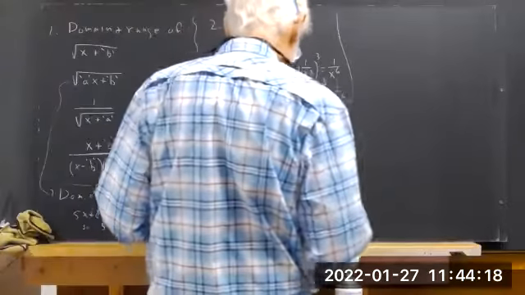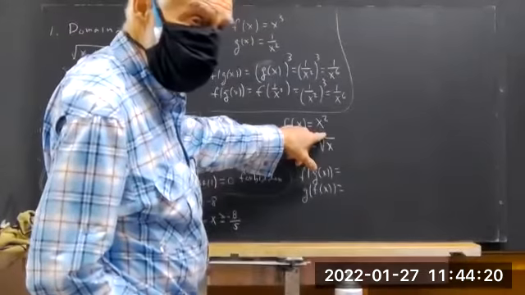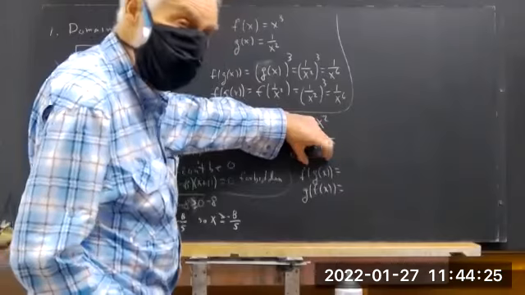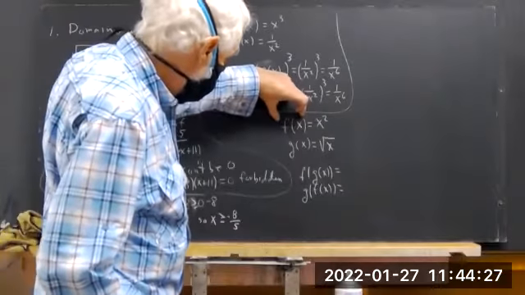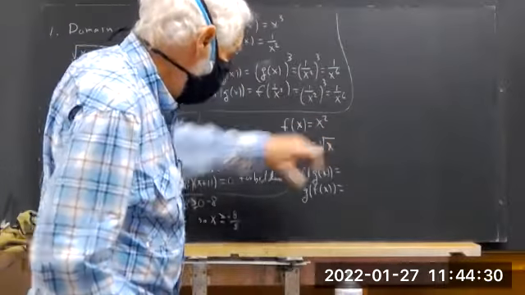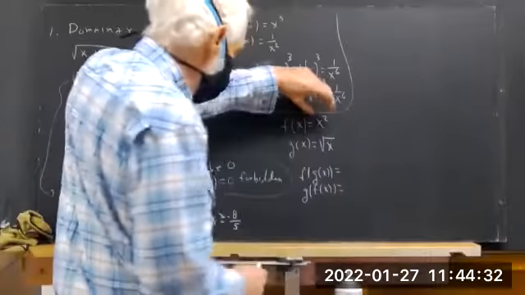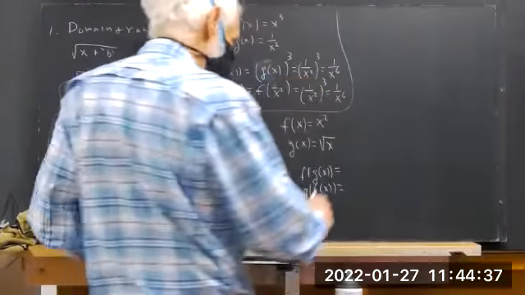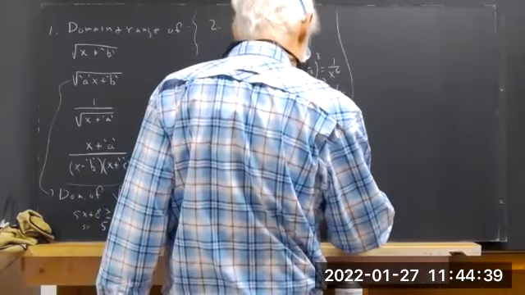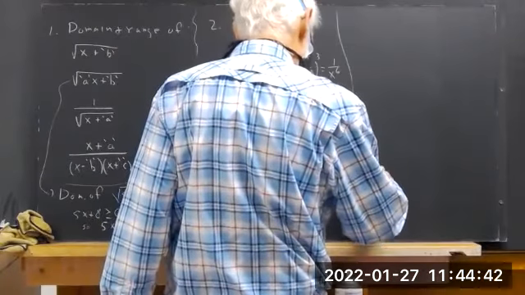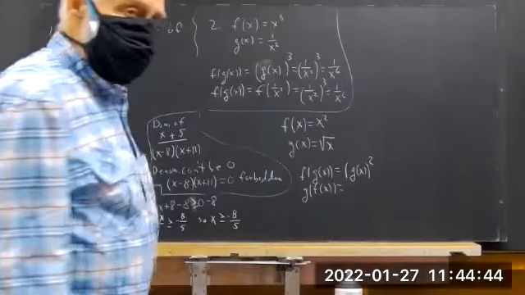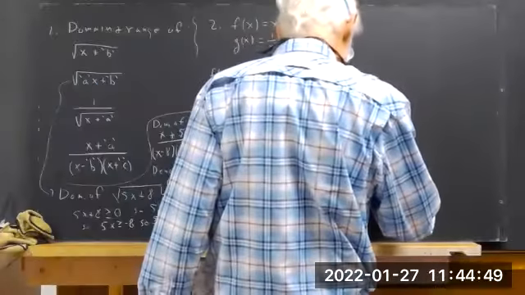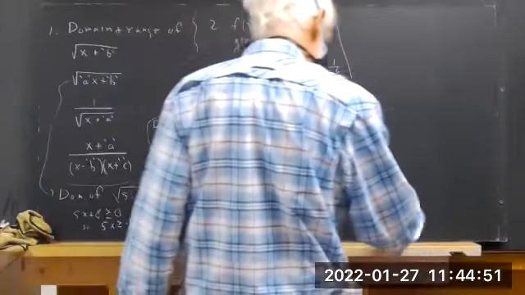So f of g of x, f of x is x squared, right? I have to replace x with the expression g of x because that's what's in parentheses now. So I've got this expression, but with this here instead of x. So that is g of x squared, right? Now, of course, g of x is the square root of x.